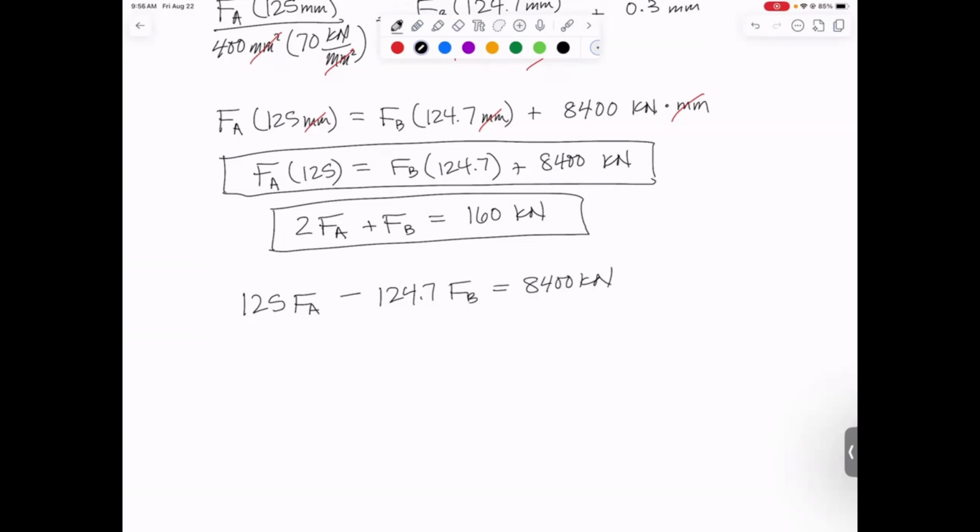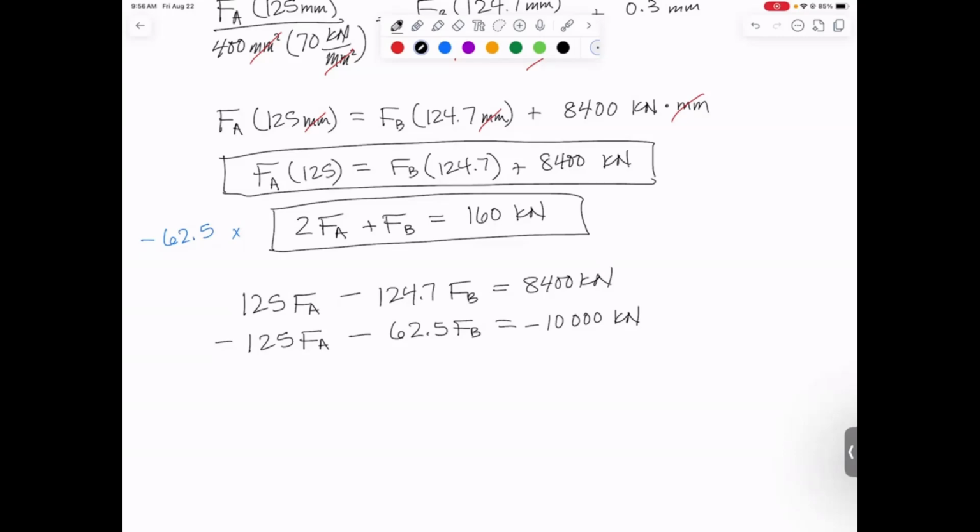That's what my first equation ends up looking like. Second equation, I want to multiply the whole thing by whatever half of 125 is. 62.5. Multiply the whole equation by minus 62.5. I'll end up with minus 125 FA minus 62.5 FB equals minus 10,000 kilonewtons.